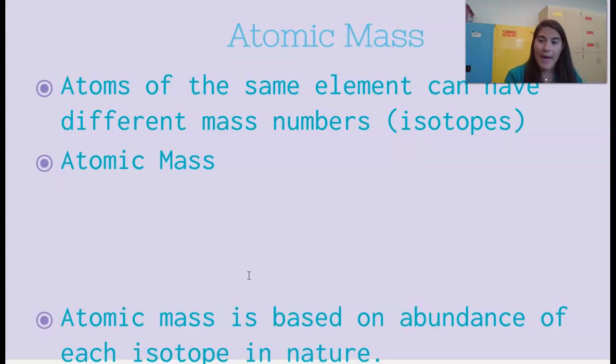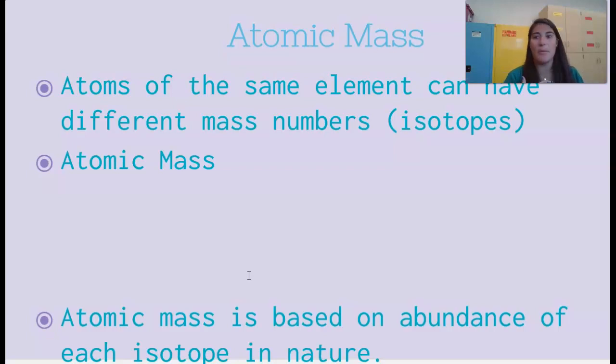So the atomic mass is the average of all the possible mass numbers of an element based on abundance. There's a mathematical equation to do this, and again, it's based on all the different possible mass numbers.